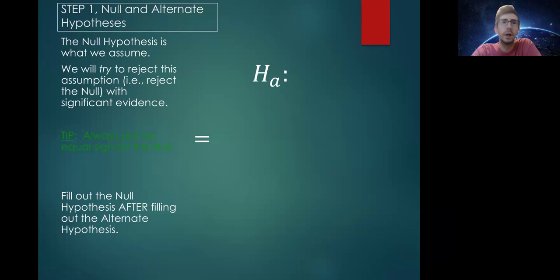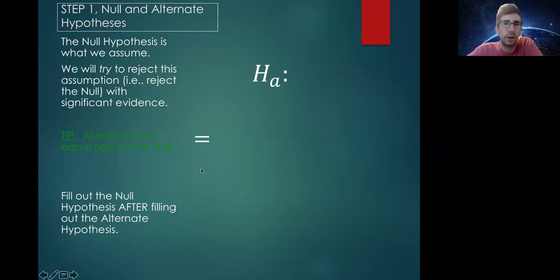So basically, we'll get to this in a few more slides, but whatever the question asks us to test, we're going to assume in the null hypothesis that the mean is exactly equal to that number. So that's what this is saying here.